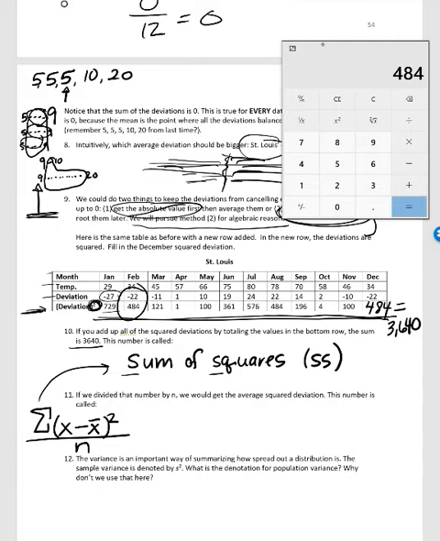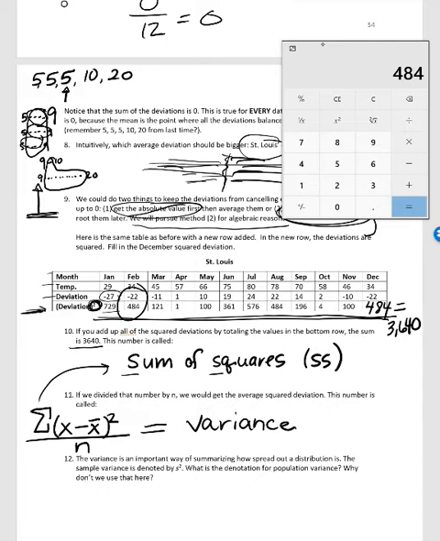What we're doing is finding an average here, and we'll talk about what that is. But this number that we get is called the variance.